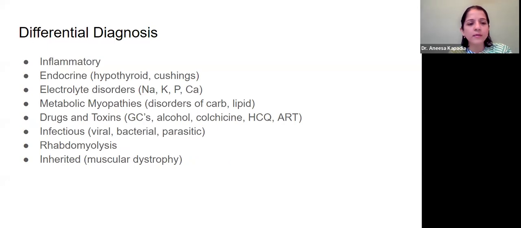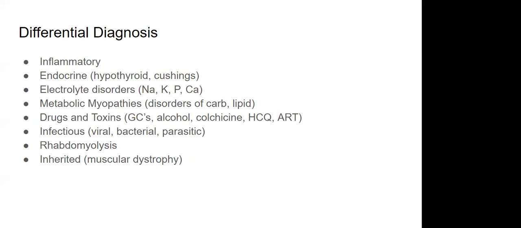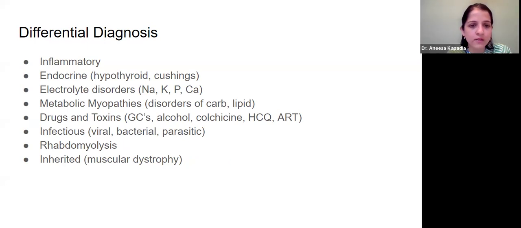So again, talking about the differential diagnosis, because myositis, although it sounds easy enough, there are many other diseases which can either complicate, confound, or confuse our diagnosis. You still have all your metabolic problems, your electrolyte disturbances, your metabolic disorders of carbohydrate or lipid metabolism.